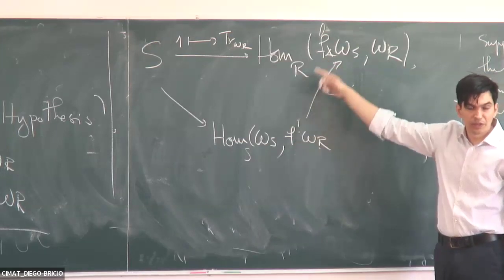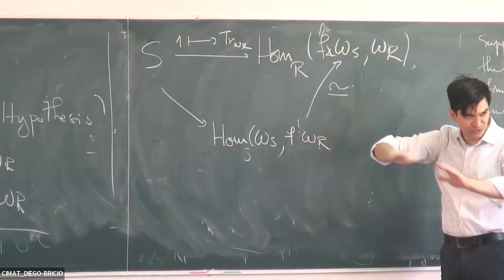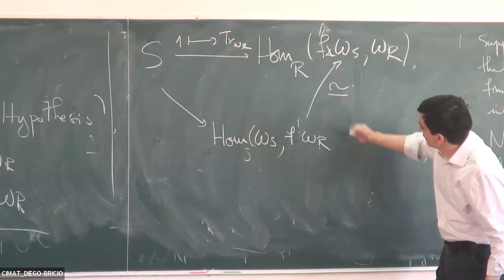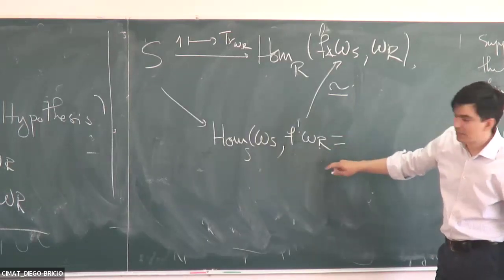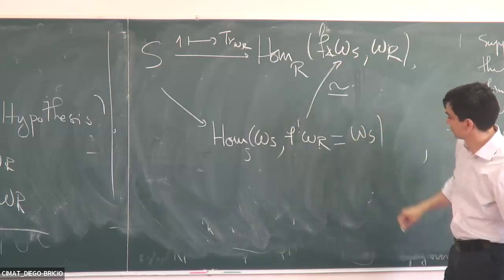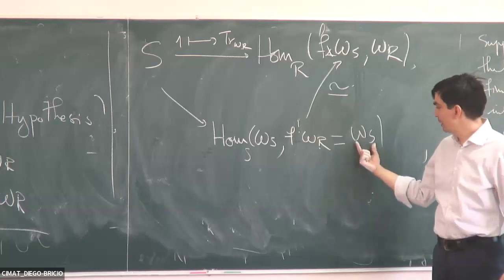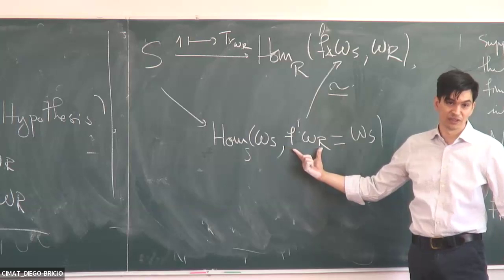This is the equality of Homs that come from adjoints. I could just write equality, but let me put an isomorphism, because I'm going to replace this upper shriek by omega S. Because of my hypothesis, I'm going to choose omega S essentially to be the upper shriek of omega R, if I can, at least isomorphic.